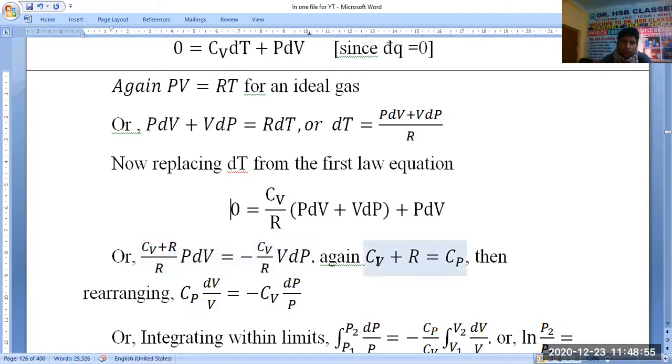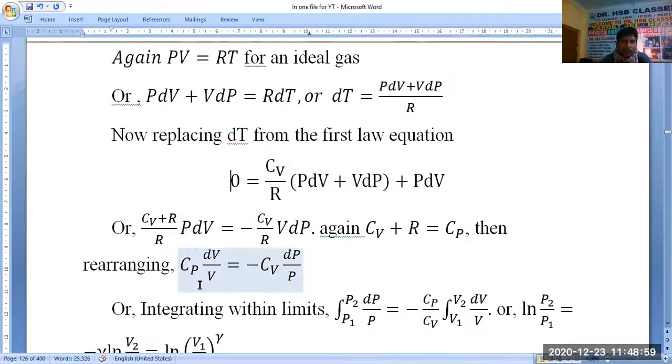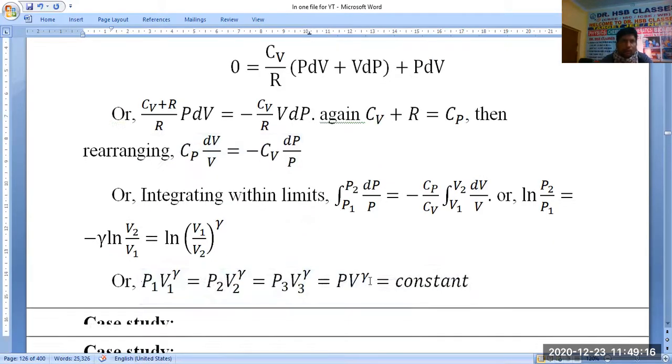Again, Cv plus R equal to Cp, then rearranging, Cp dV by V equal to minus Cv dP by P, where R cancels from both sides.